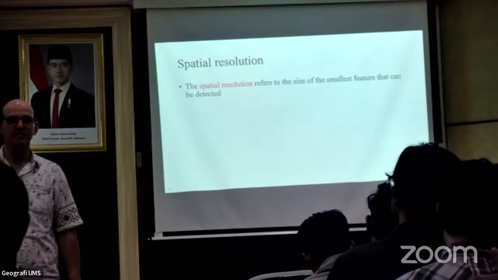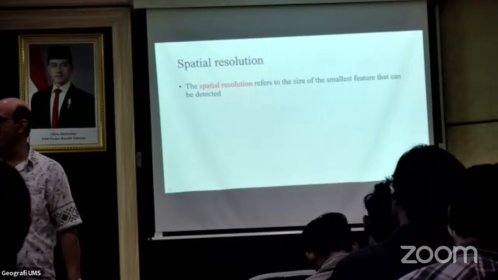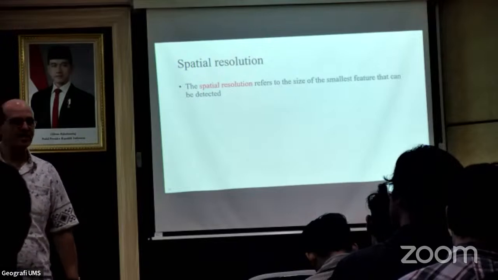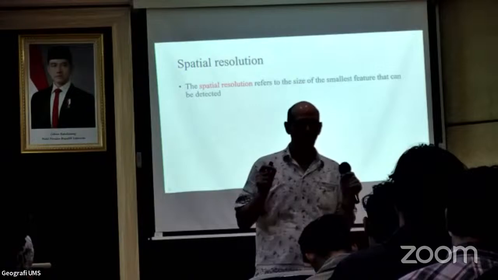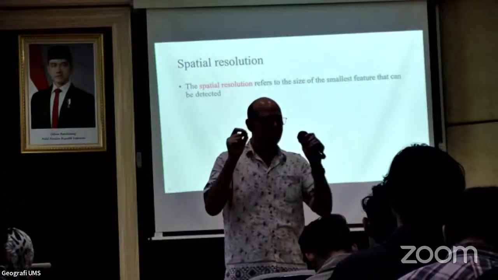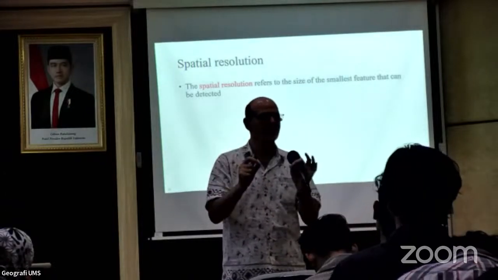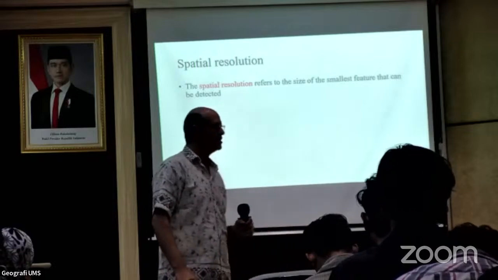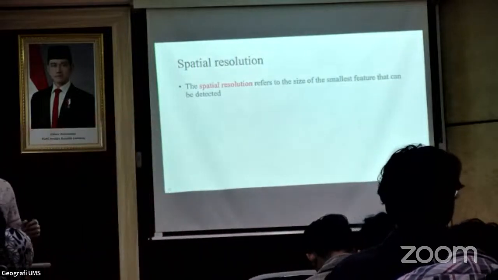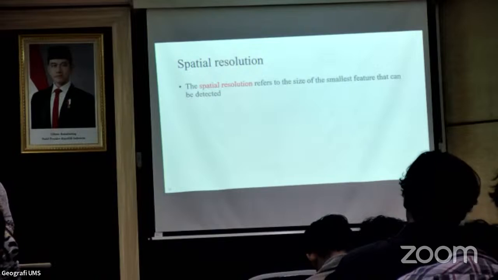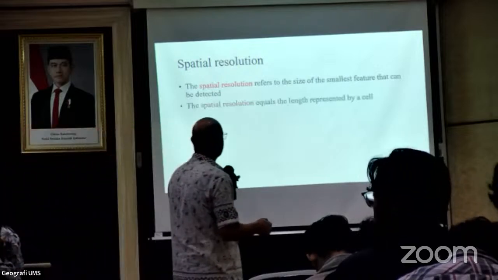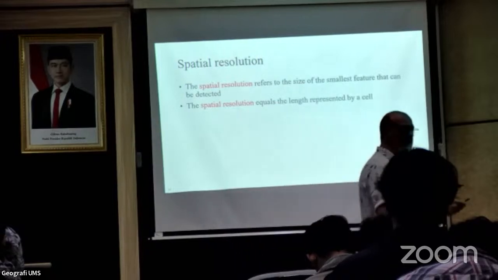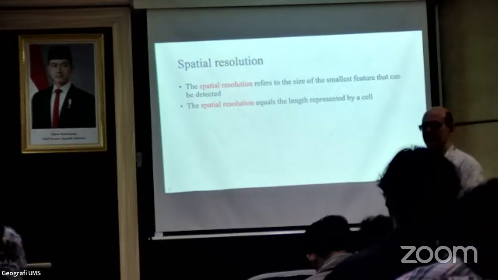It has to do something with scale, whether raster or vector. When you come close, your detail is higher. Spatial resolution is basically based on cell size in raster data.